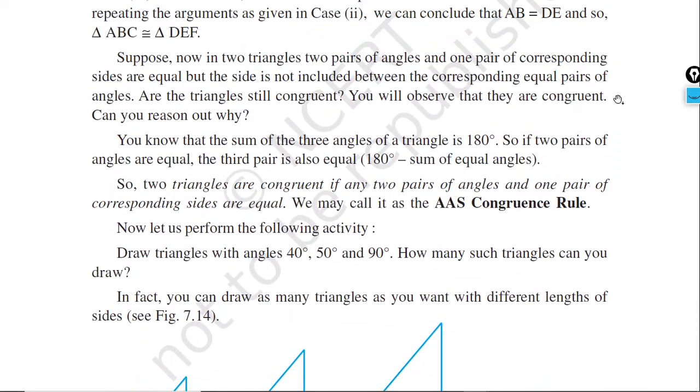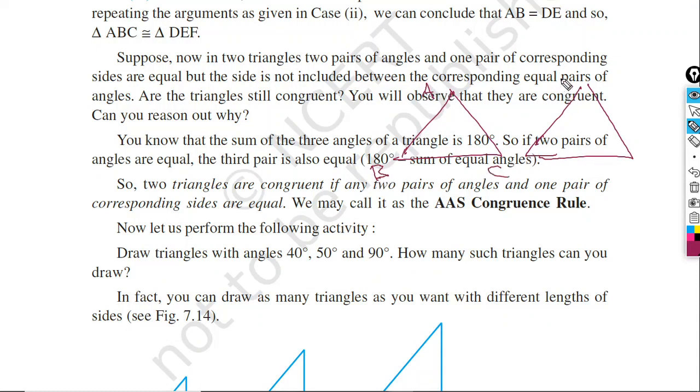There is no figure, so I have to draw one here. Let's take an example. Suppose in these two triangles, named ABC and MNO, two angles are equal: angle B equal to angle N, angle A equal to angle M, and side BC is equal to side NO.